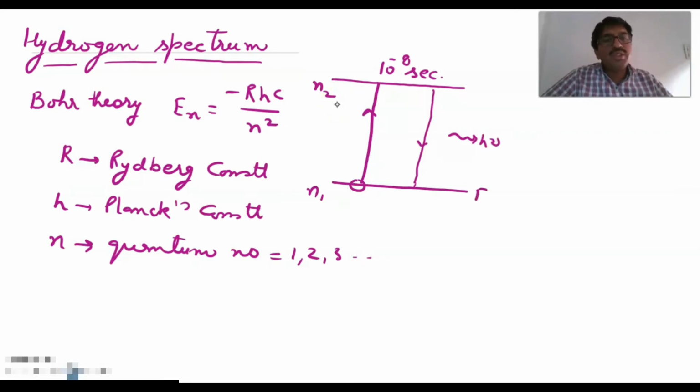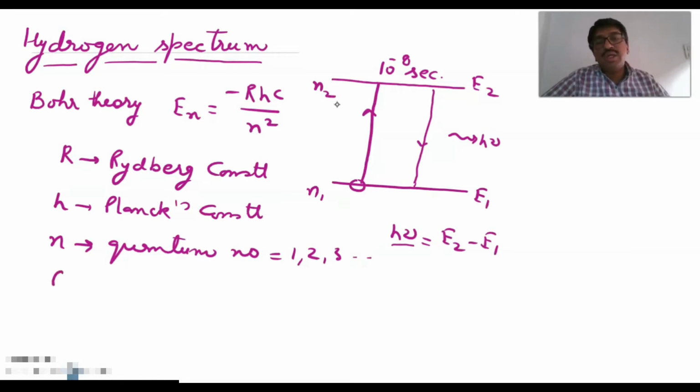Suppose this is energy E1, this is energy E2, and h nu should be equal to E2 minus E1. It means when an atom is transited from level n2 to n1, then a photon of energy h nu is released by the atom, and this energy should be equal to E2 minus E1.